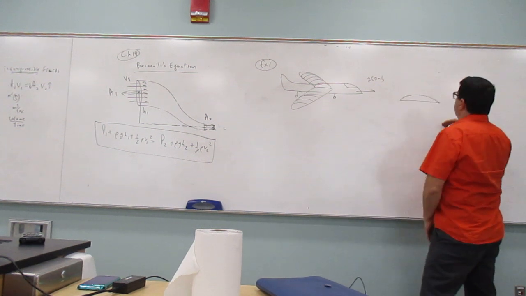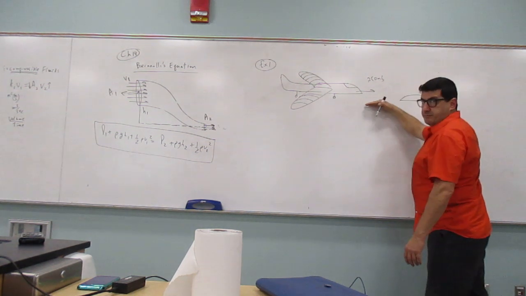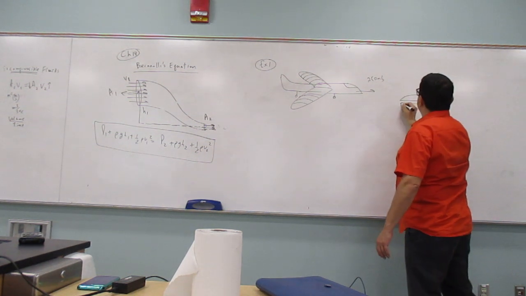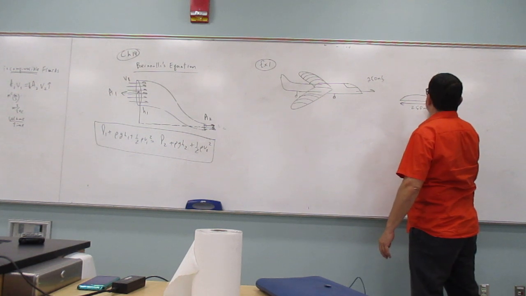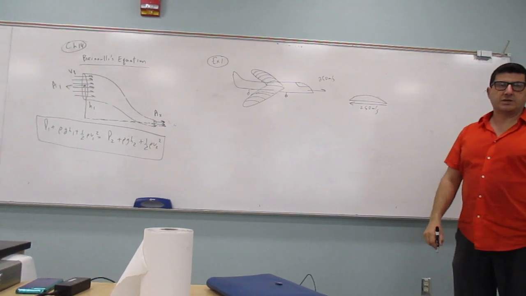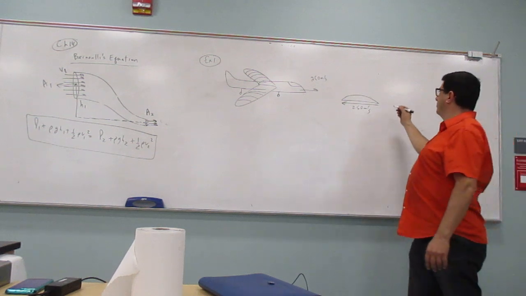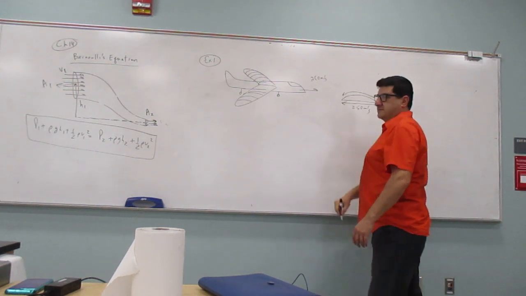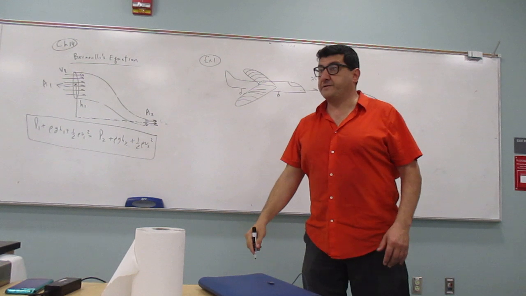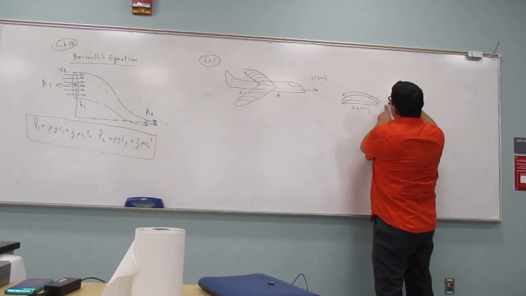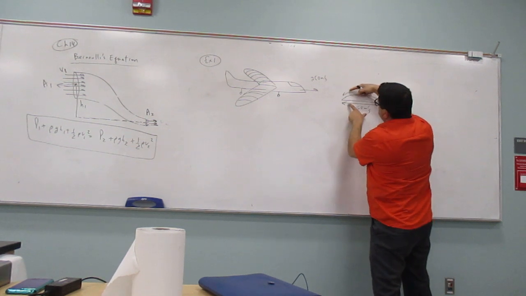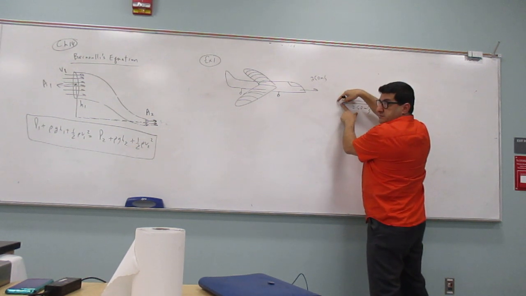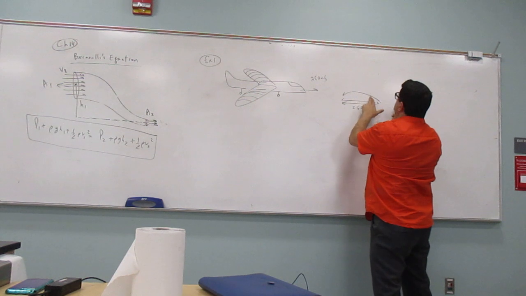Okay, so the air on the bottom of the wing is flowing at 250 meters per second, let's say. But then the air over the top of the wing is going to flow at what? Faster. It has to flow faster because the same group of air that meets here is going to meet over here together.